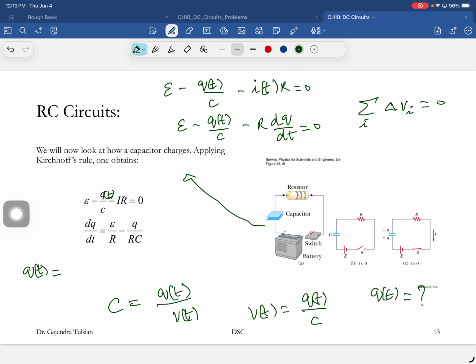Here, in this circuit, I was equal to dQ by dt.